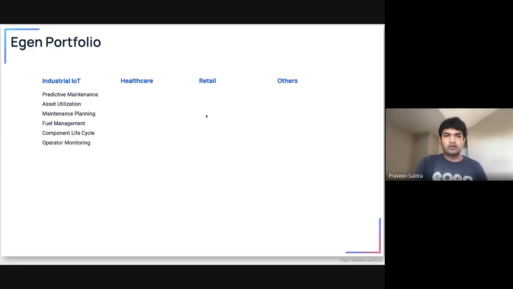So whether you talk about predictive maintenance, asset utilization, operator monitoring, and things like that. And in this category, we are talking about a lot of data. The word big data doesn't come close. We are talking about petabyte scale of data, but also coming at very, very fast speed. So distributed nature is required. Cloud is required, and we have dealt with it for the last 5 to 6 years.